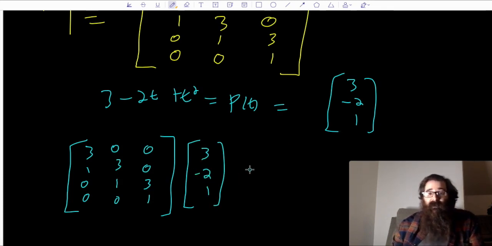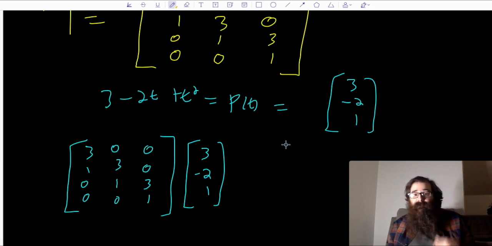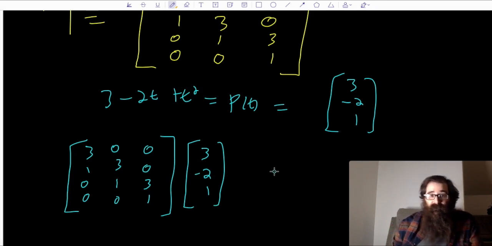So we can actually think of polynomial spaces like vector spaces. Remember, polynomial space Pn is isomorphic to vector space R^(n+1). But then if I go ahead and do this, we can get the result this way. So we'll do the row vector rule. Here I'm going to get 3 times 3 is 9, and then 0 times negative 2, 0 times 1 gives me 9.